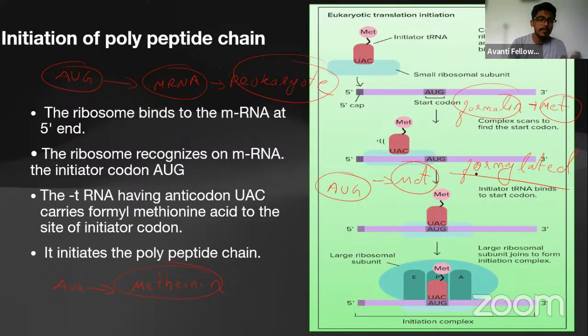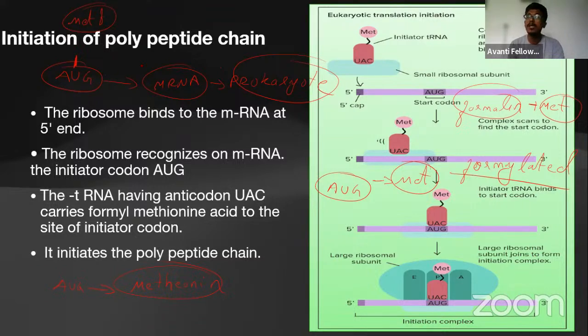The formylated methionine acts as your initiator codon in prokaryotes. Understood? So if the codon is AUG in the beginning, it will not be a normal methionine. We call it fMet, a formylated methionine that comes and sits. That is why AUG is called the initiator codon.